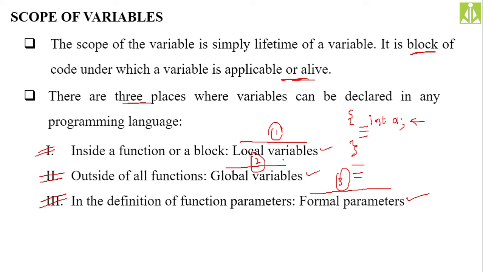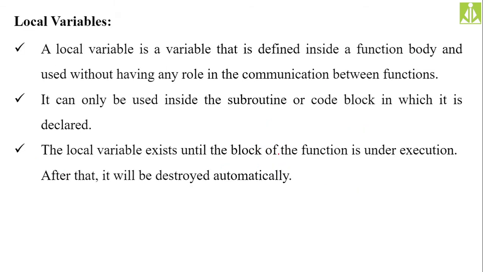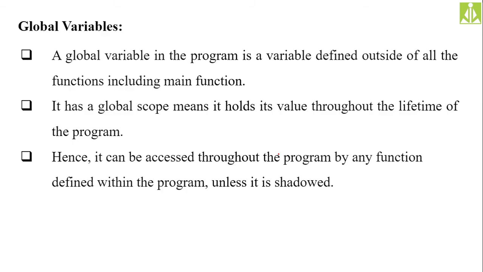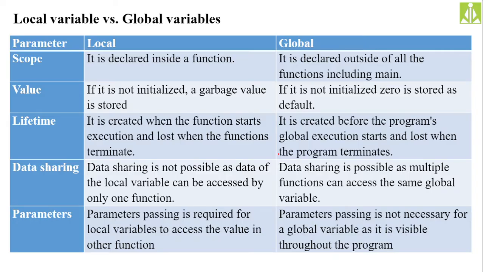Formal means in the definition of a function, at the called end of the function, declared as a formal parameter. Hopefully you understood these three things. So let's go with the discussion of local, then global, then formal.